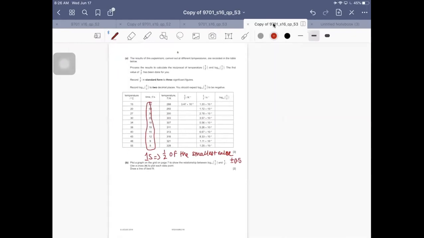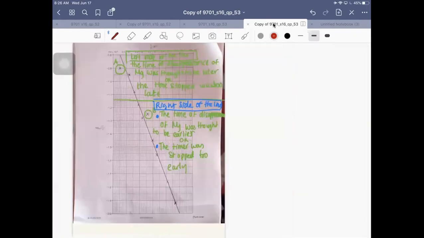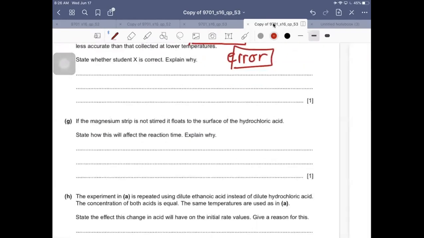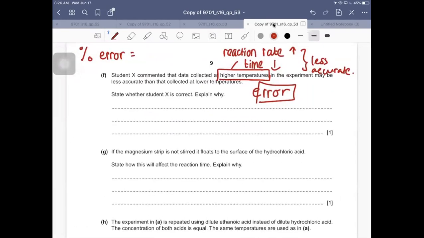Now we go back to this error calculation. To find the percentage error, the formula is half of the smallest value, which is plus minus 0.5, over the value that you use, the time taken, times by 100. So this is the formula for calculation of error.